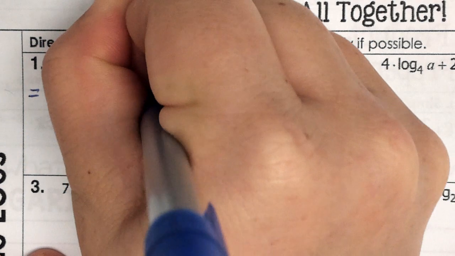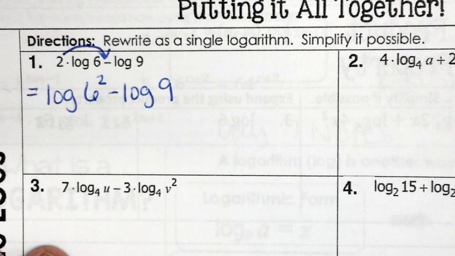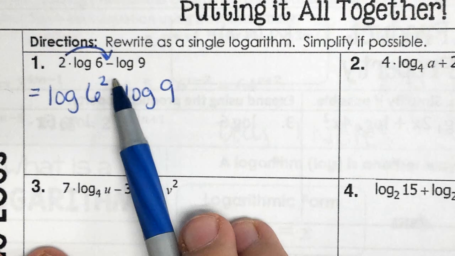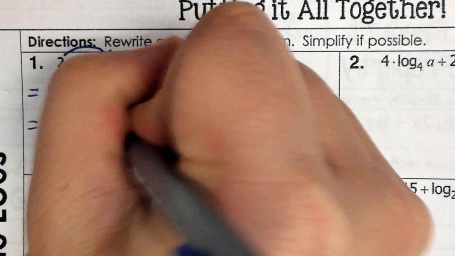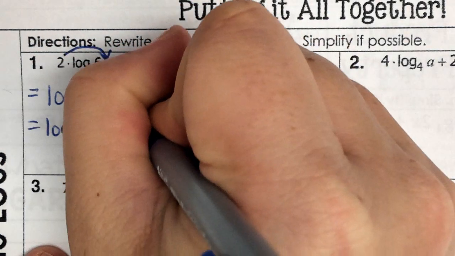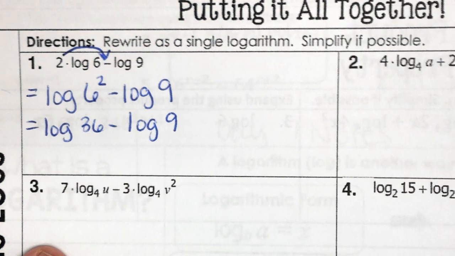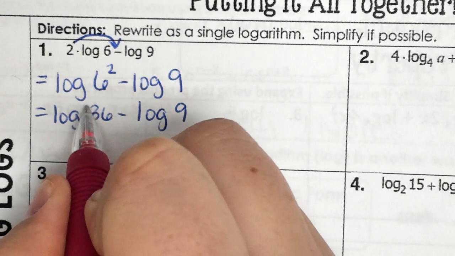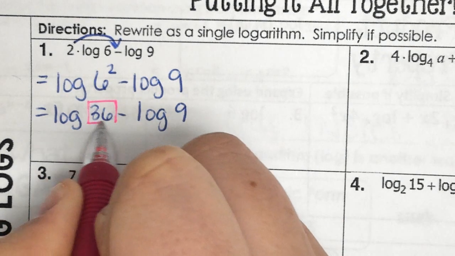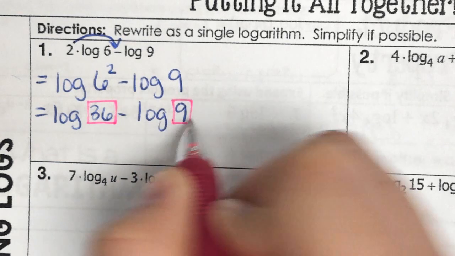minus log of 9. What we're going to do next is we're going to simplify 6 squared, which is just 36. So log of 36 minus log of 9. We still have 2 logs, and we need to simplify it into 1. So right here, we have not 1 argument, but 2 arguments.